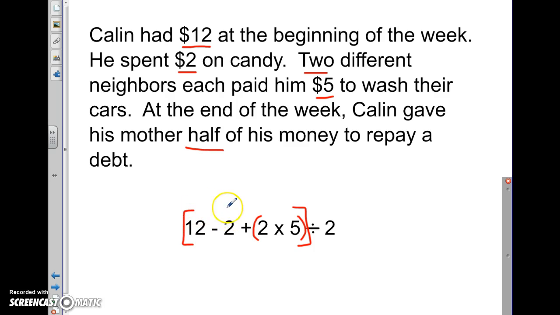He has $12 to start with. He spends $2 on his candy. Now he has $10. He adds to that the total of 2 times 5, which is also $10, right? So we have $10 here, so it'd be 10 plus 10. So then we would have 20 inside of our brackets. Then finally we would divide it by 2 because that's how much he has at the end of the week. He splits it in half with his mother to repay a debt.